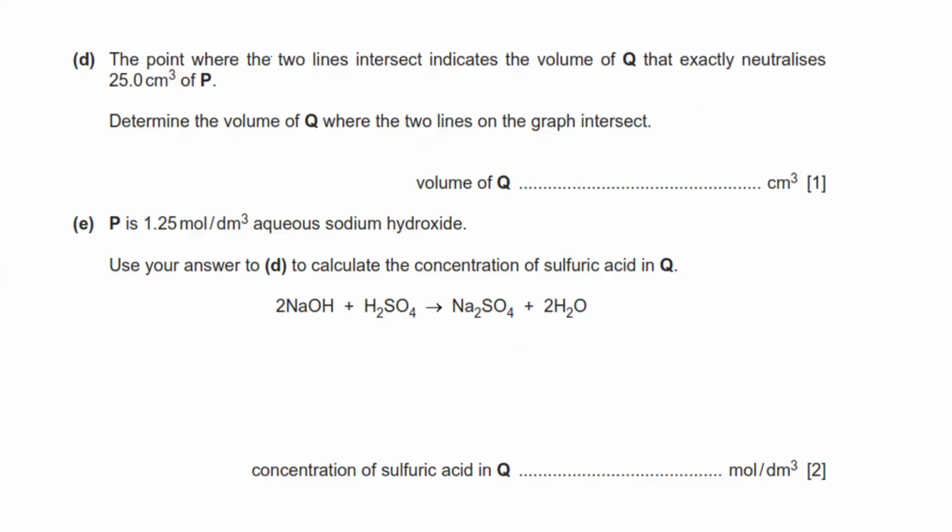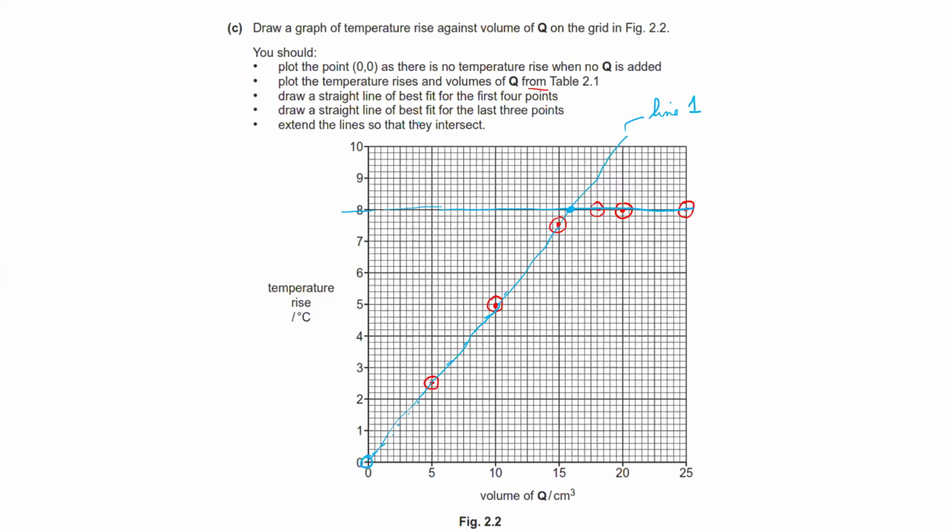Part D says the point where two lines intersect indicates the volume of Q that exactly neutralizes 25 cm³ of P. Remember, P is our base, and that was NaOH. Q was our sulfuric acid, H2SO4. Determine the volume. So we'll come down on your graph and mark this point.